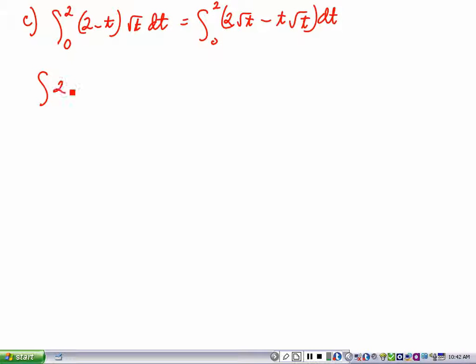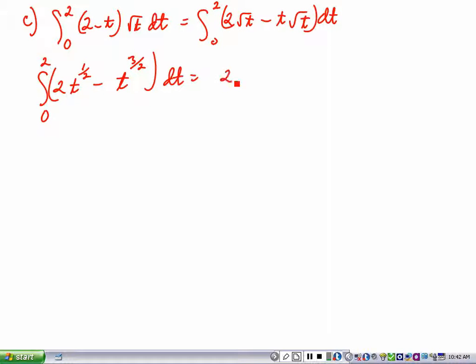This is the integral of 2 times t to the 1/2 minus t to the 3/2. Indeed, t times the square root of t is t to the 3/2. We evaluate that from 0 to 2.